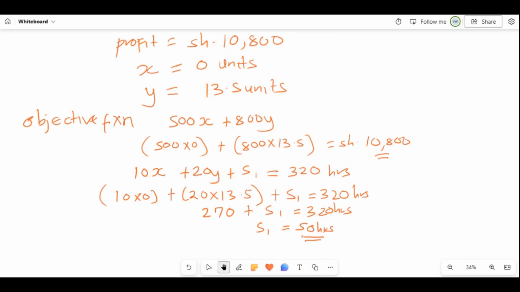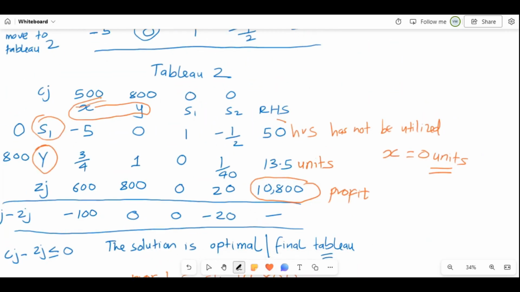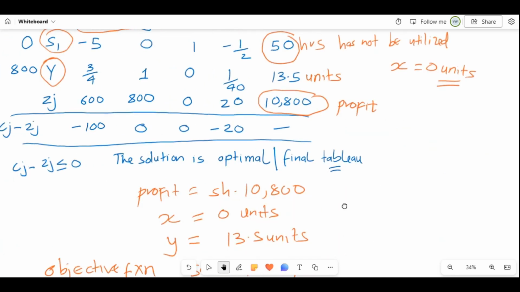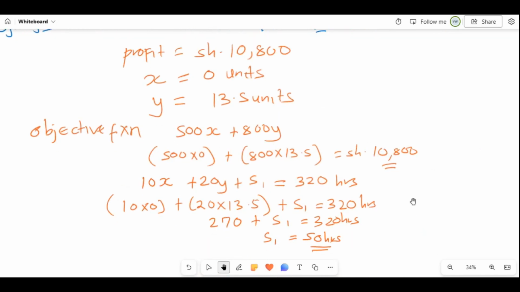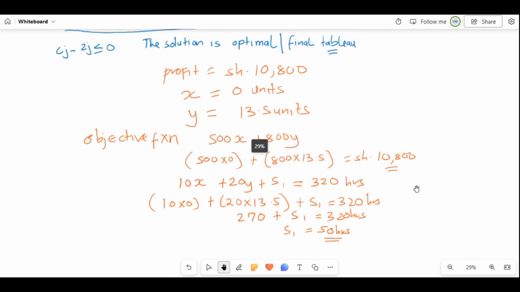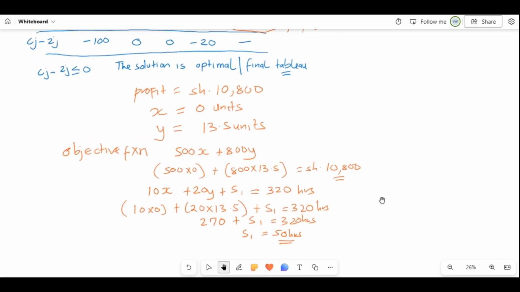And this is very consistent with what we have in our final tableau. That is why in the right-hand side values, we have 50 to represent that unutilized resource. But it doesn't mean that there is no optimality. Remember, the company is able to get the maximum profit from the available resources. It doesn't necessarily mean that you have to exhaust what you have in order to maximize your profit, because remember, part of profit is also the element of cost.